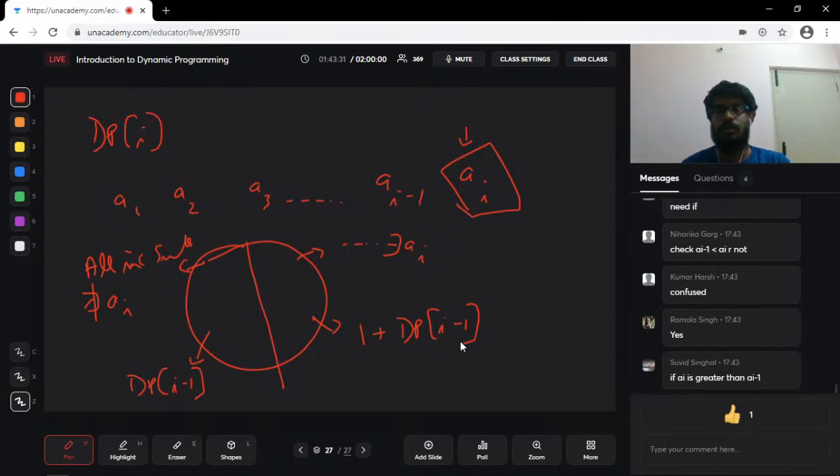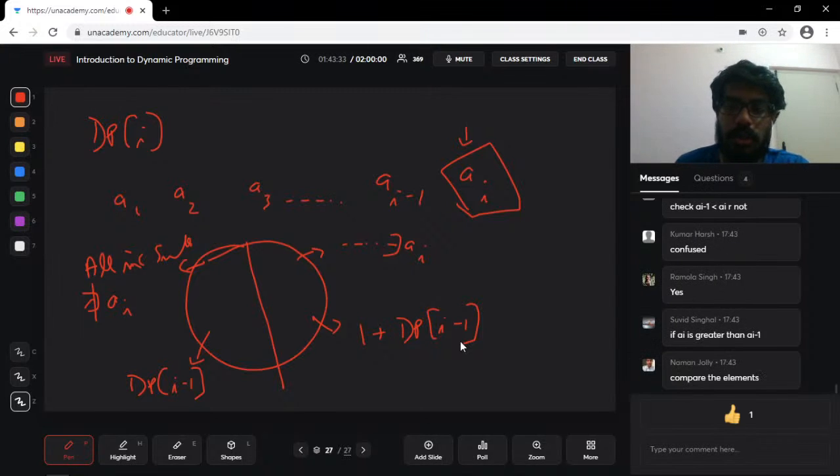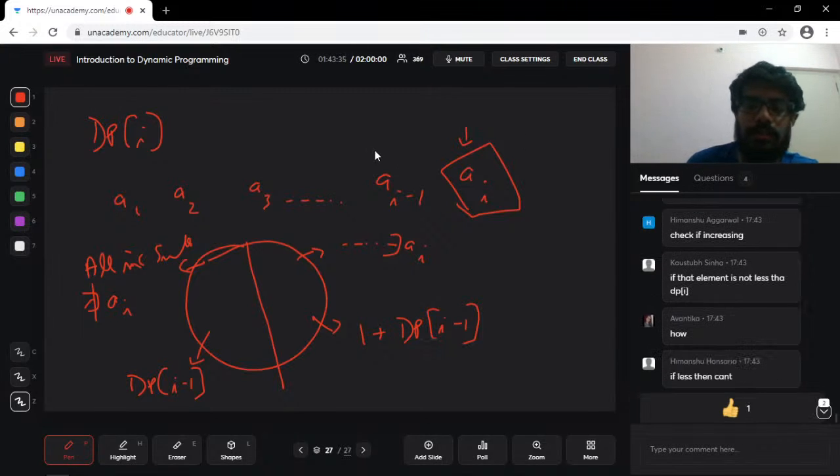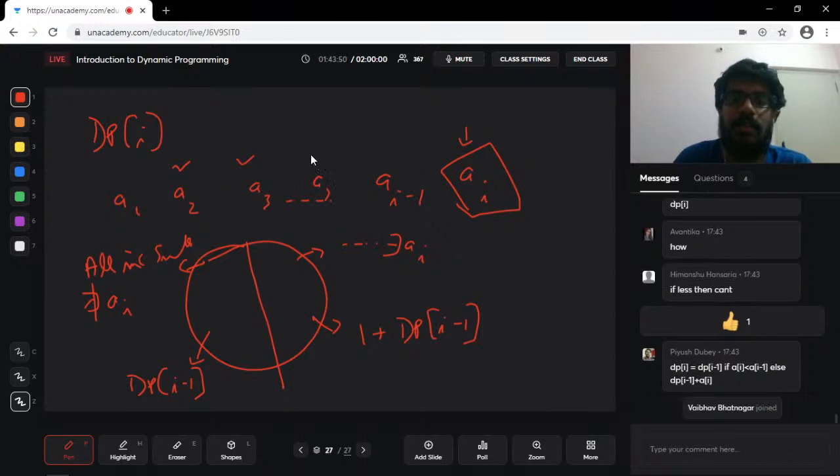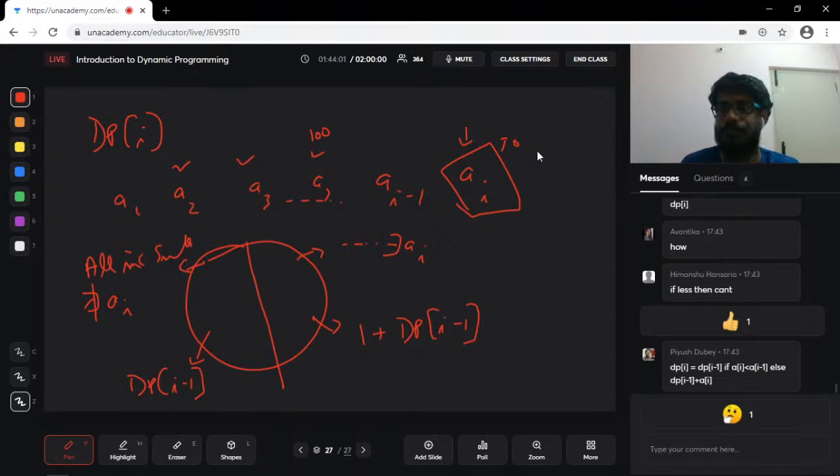Correct. So dp of I minus 1 could have picked a sequence, say A2, A3, say I is 10, right? Say dp of 9 could have selected A2, A3, A7 as the longest in dp of I minus 1, right? And maybe A3 is some 100, whereas AI is, I don't know, 50, right?